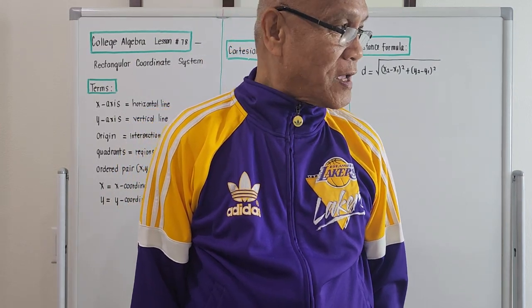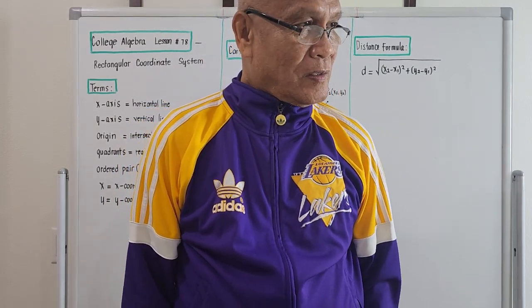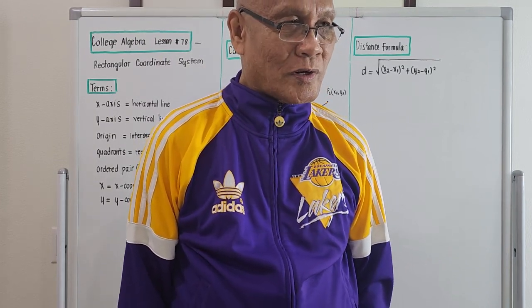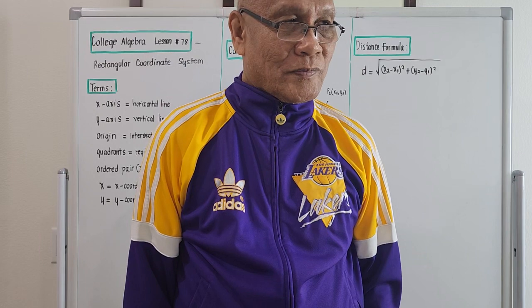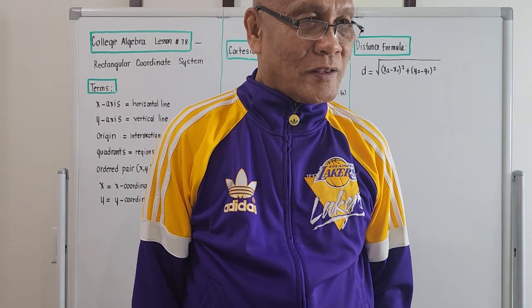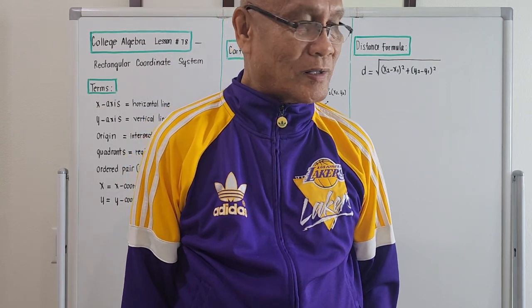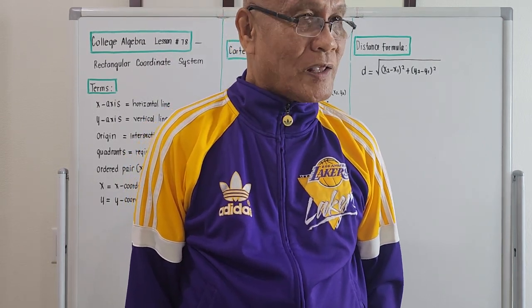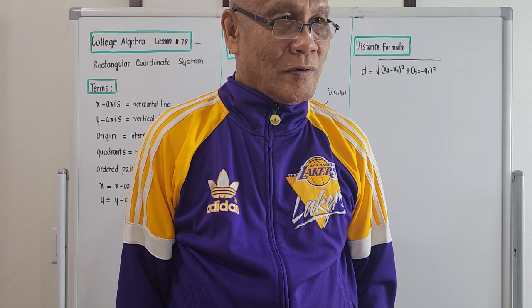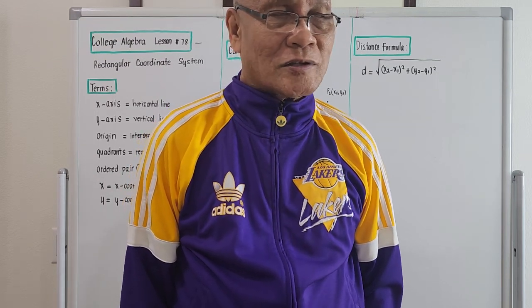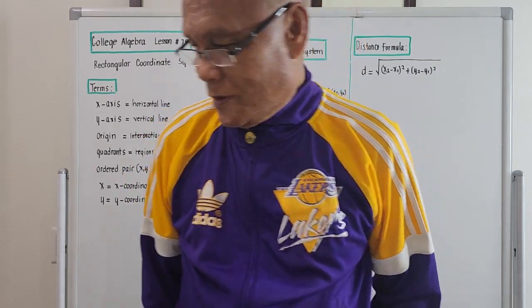It's another topic, and this is a concentrated topic on the so-called analytic geometry. But we are here in the USA, so we must include it because this falls under the topic linear equations. And they are related to the so-called Cartesian coordinate system. Okay, let's proceed.